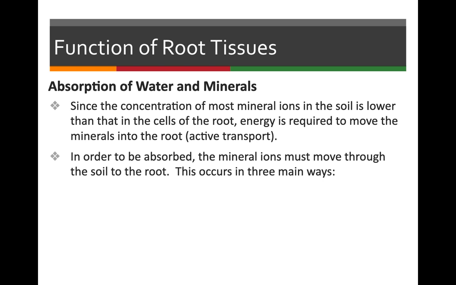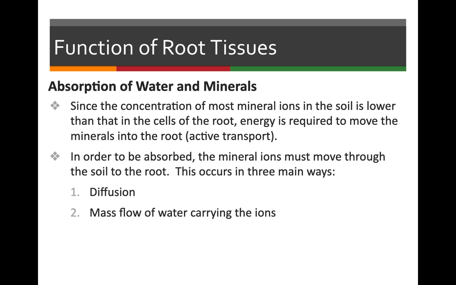And before they can get into the root, they actually need to get to the root, right? They're all over the soil. So they need to move through the soil to the root, and this occurs in 3 main ways. They can diffuse. If there is a high concentration of mineral somewhere away from the root, it will make its way towards the root through diffusion.